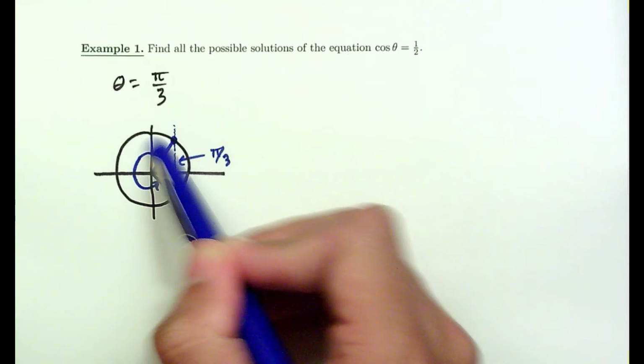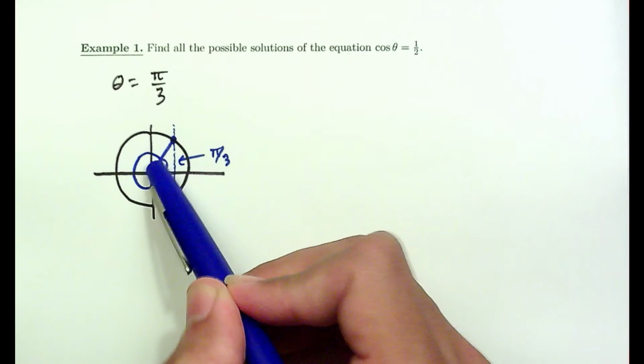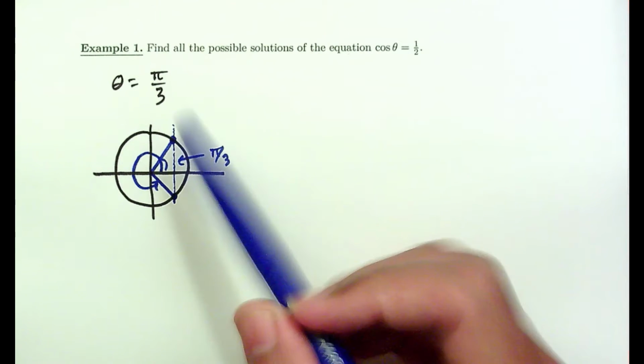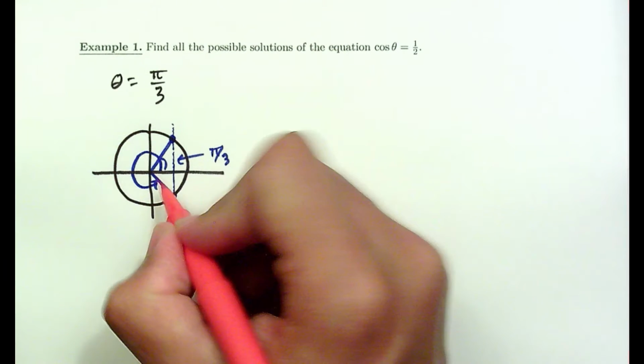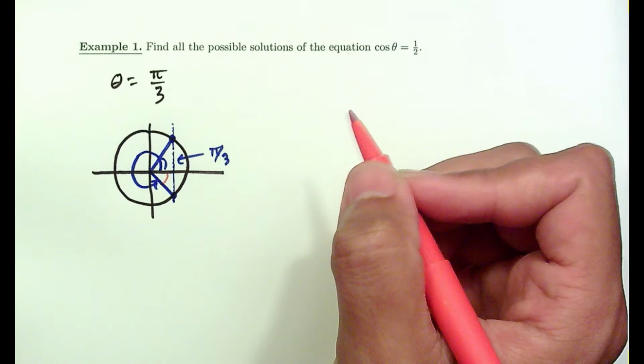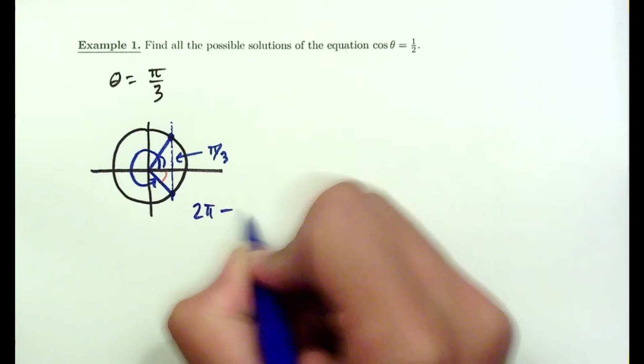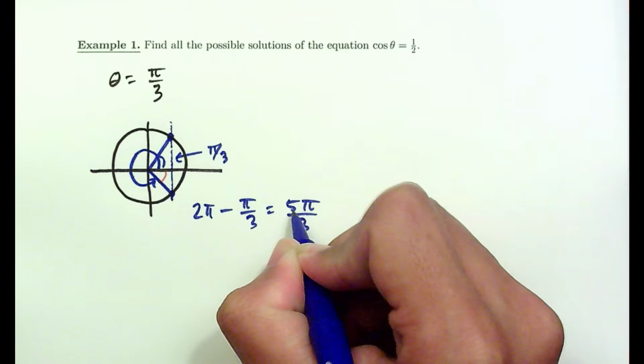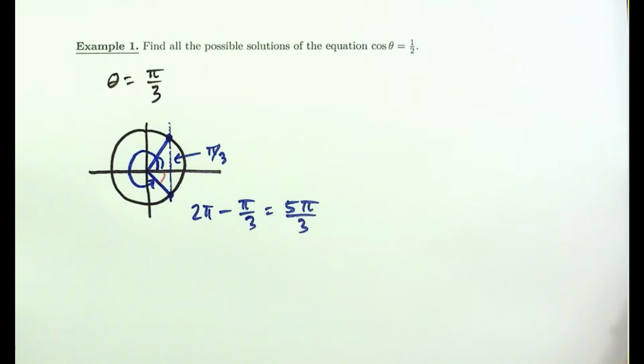All right, so what is that angle then? Well, it's almost a full revolution. It's almost 2 pi minus this piece. This piece is pi over 3 because it's symmetrical. So that means this would be 2 pi minus pi over 3, which is 5 pi over 3. So that is the second angle that satisfies the equation.